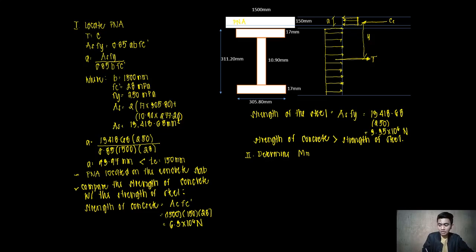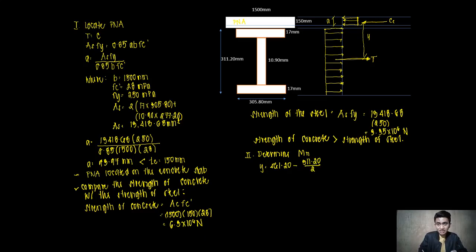So y is equal to the total distance, 311.20 plus 150, that is 461.20. Subtract that by 311.20 all over 2, which is this distance.